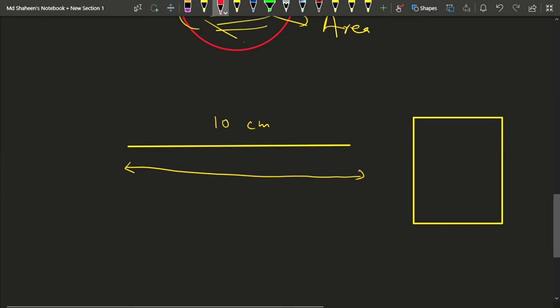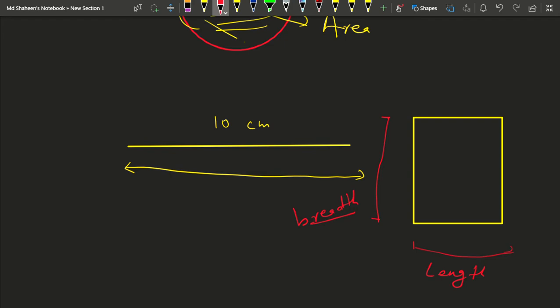We need first the length, from here to here, and we also need its breadth. So we need two things, length and breadth. To find length, we need only one thing. So a line segment has only length, and area has two things, length and breadth.